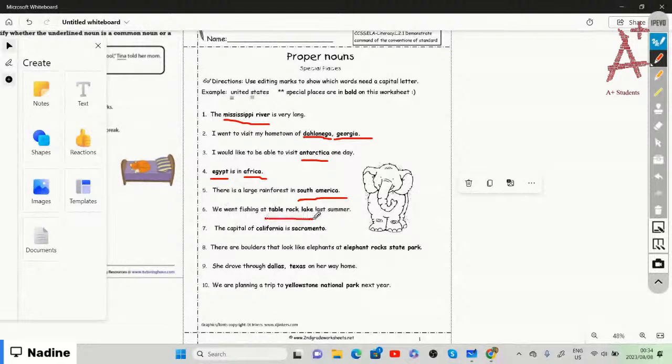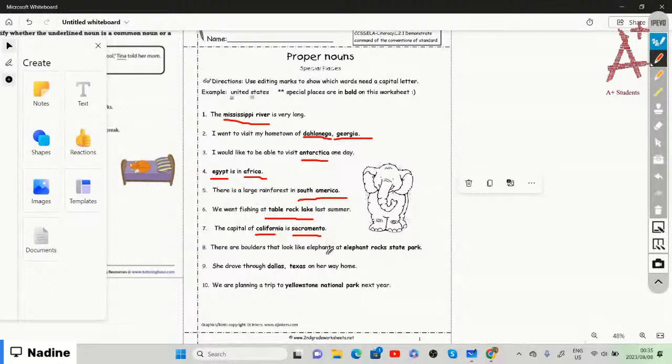Table Rock Lake. And then the capital of California is Sacramento, right? So California capitalized and Sacramento it's capitalized.